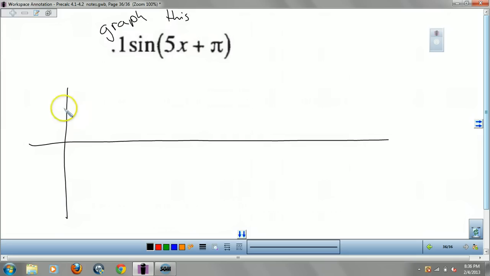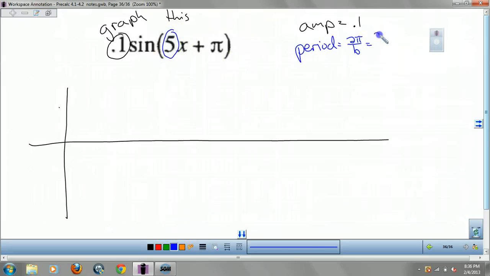I have to do some other stuff. First thing I look for is my amplitude. It's going to be 0.1, right? My period is 2 pi divided by b. In this case, b is 5. It's going to be 2 pi over 5.